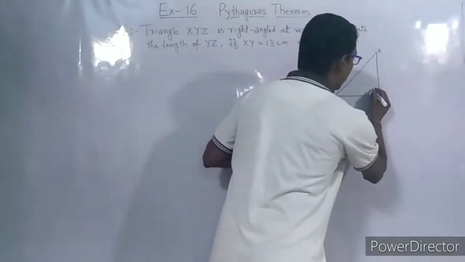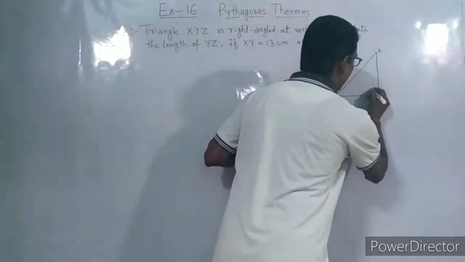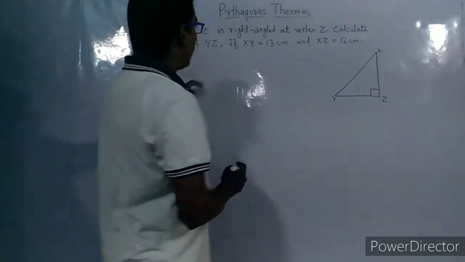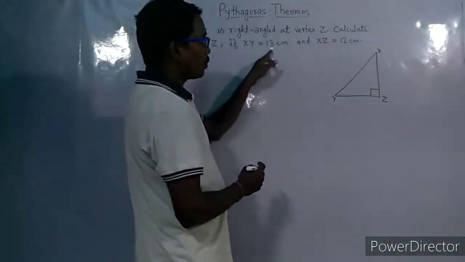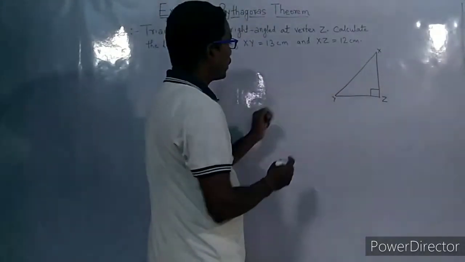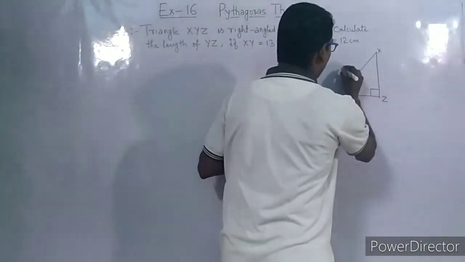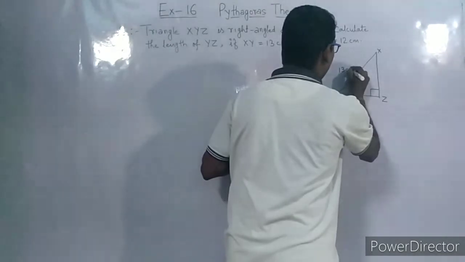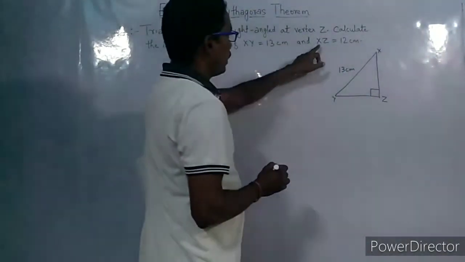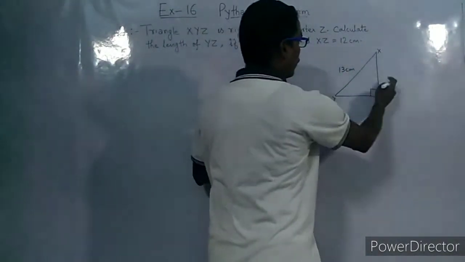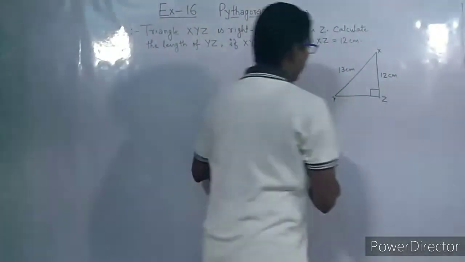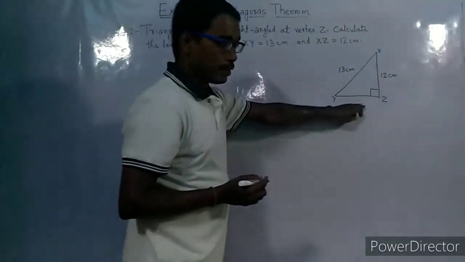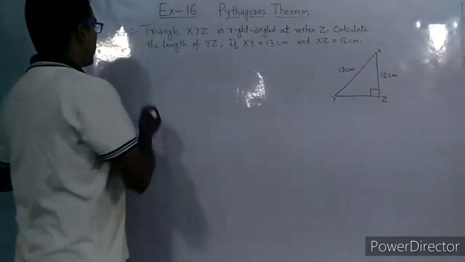XY is 13, XY means the hypotenuse is 13 centimeter, and XZ means this perpendicular line is 12 centimeter. In this question we have to find the base.